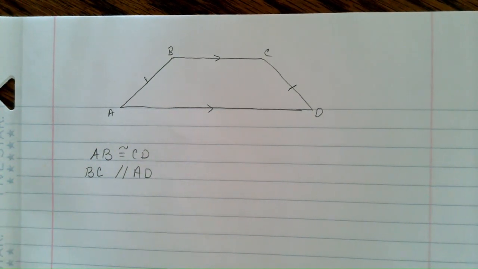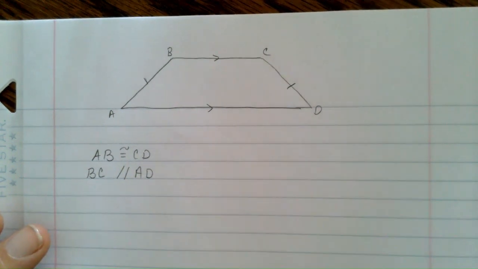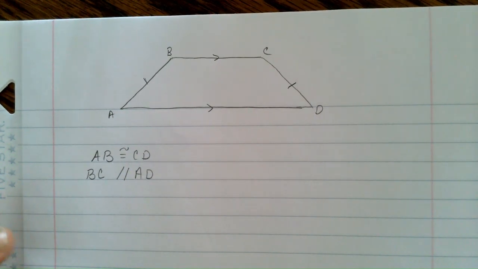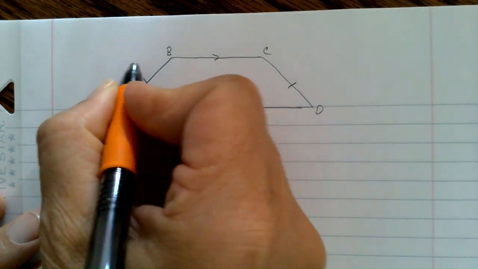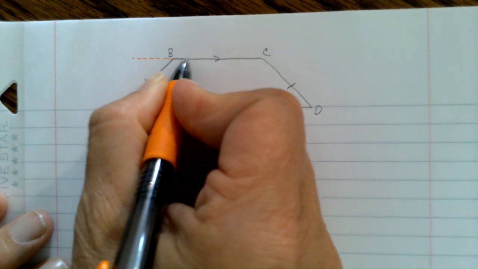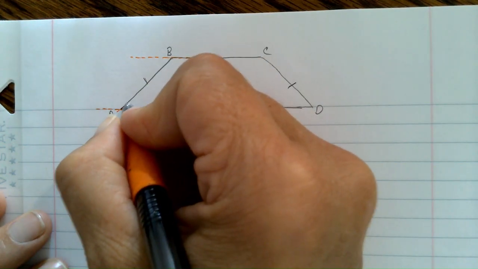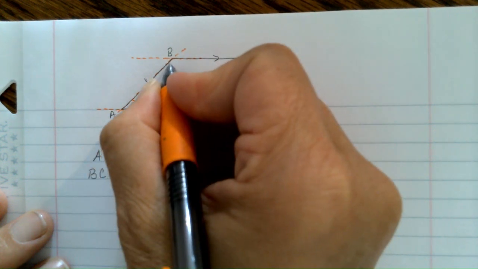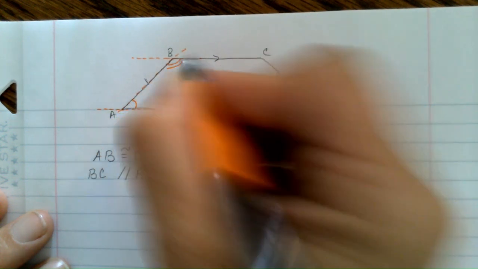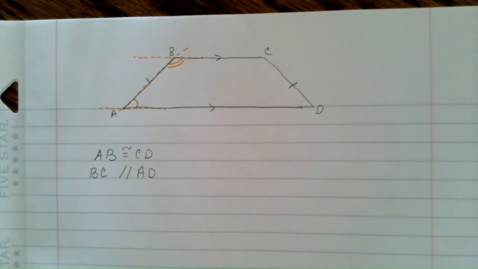Okay. So let's just think about this line right here, this line right here, and this line right here, with this angle and this angle. What do we know?